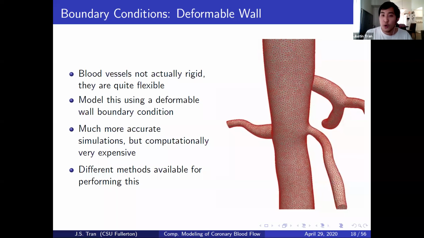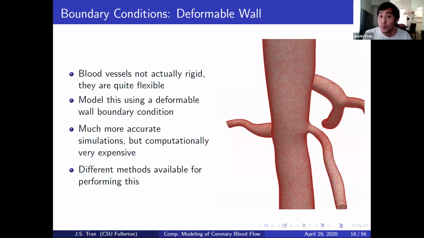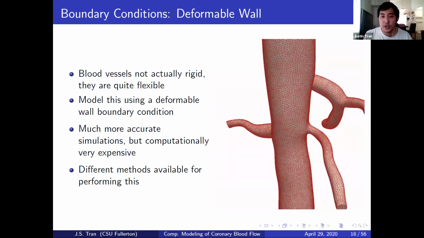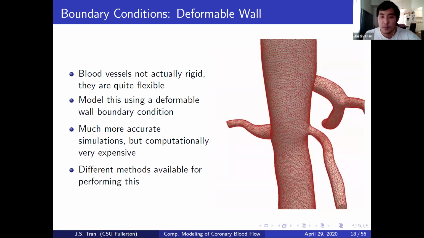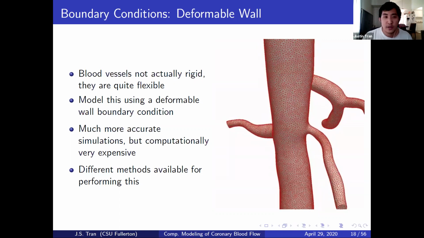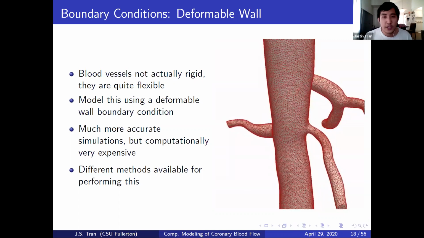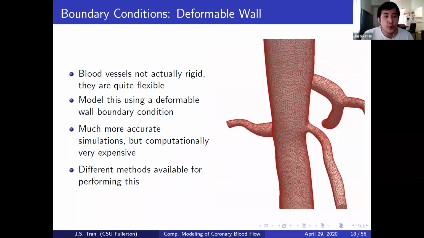So you're solving both the fluid equations and the solid equations at the same time, and those two domains are going to be interacting with each other. This methodology is known as fluid structure interaction, or FSI. That might be a term that you come across in the literature or reading up on this. Okay. As you can imagine, this leads to a much more accurate simulation. Just by looking at this animation here, you can see that it looks a lot more natural than something that's just a rigid tube.